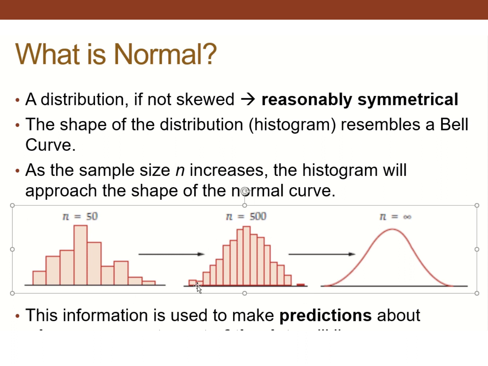As the sample size increases, the histogram will approach the shape of the normal curve. That means the larger the sample size, the more you can see it approaching it. We usually use this to make predictions about where we expect most of our data to be. This is knowledge from chapter 4.